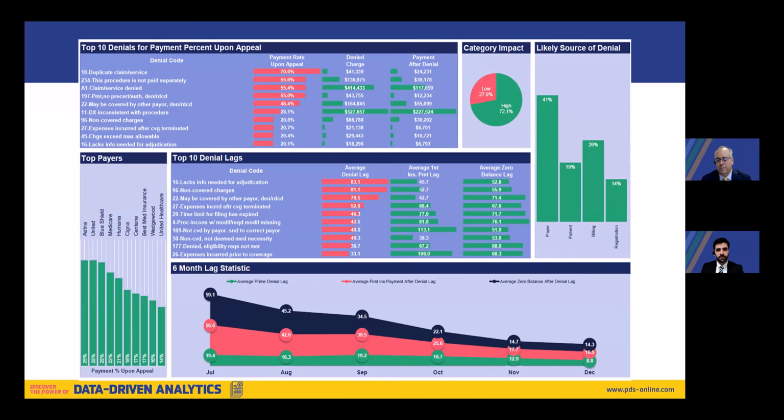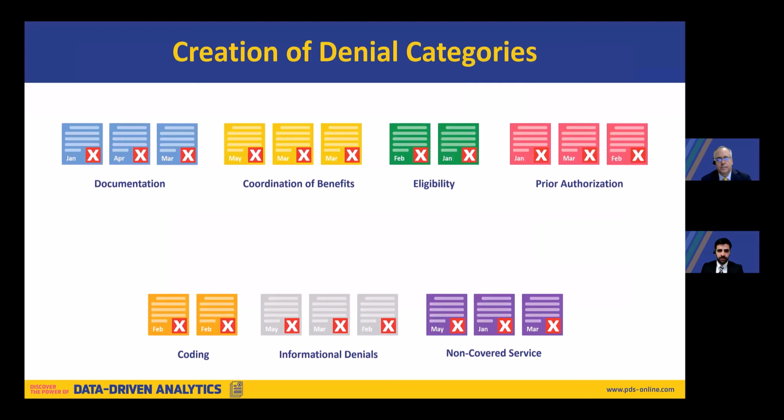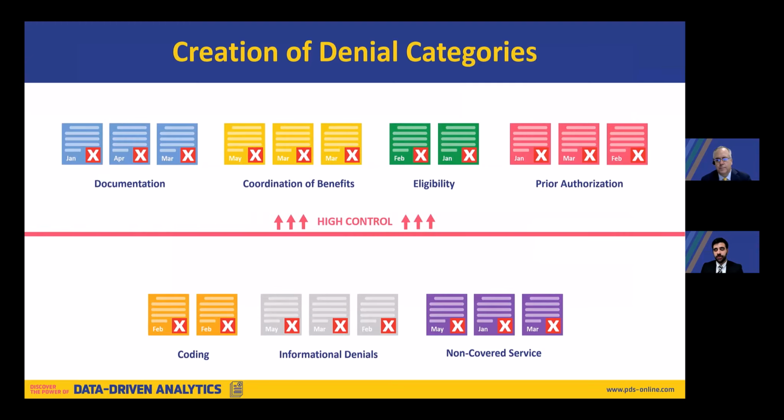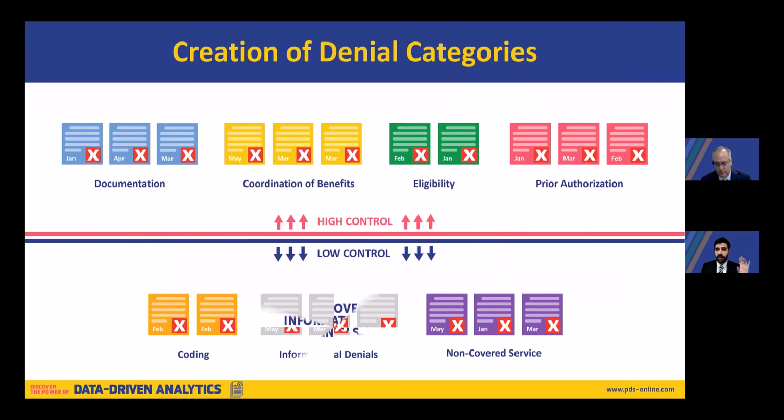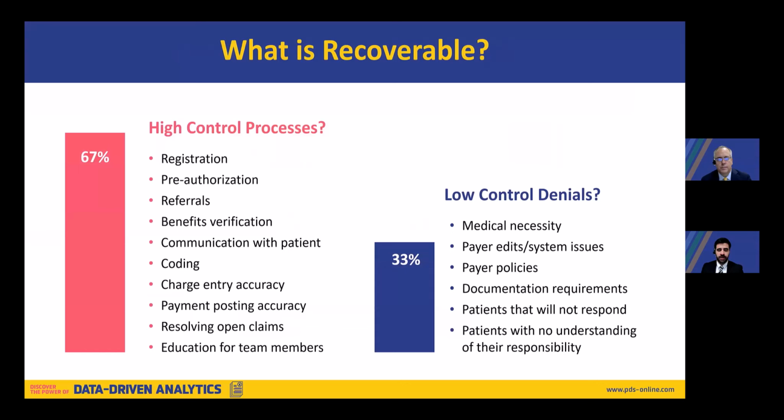But let's dig a little deeper into that. I always think there's an added benefit to categorizing your denials because you can further segment them into areas that we have high control over versus areas we have low control over. And let's dig into that a bit more, right? So what is a high control process? These are areas we have a little more control over.